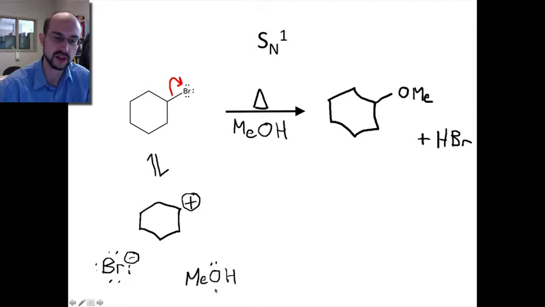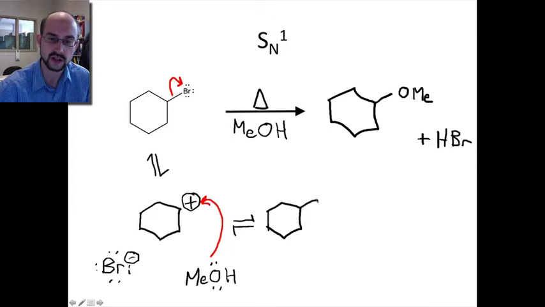But rather than acting as a Bronsted base and plucking off a proton, the solvent acts as a Lewis base and adds to the carbocation. It's a nucleophile. And so now we get to an intermediate that looks something like this, where we've made an oxygen-carbon bond, and the oxygen now has a formal plus charge on it.